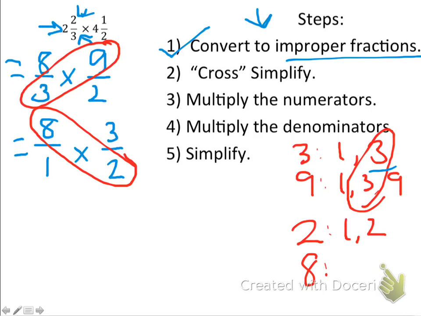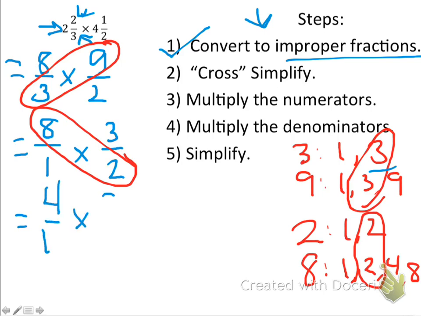We have 8, which is 1, 2, 4, and 8. Their greatest common factor is 2. So we're going to divide both of them by 2. Our next line will say 8 divided by 2 is 4 over 1 times 3, and then we divide 2 by 2 to get 1.